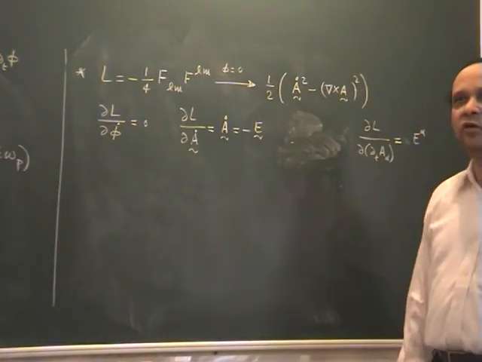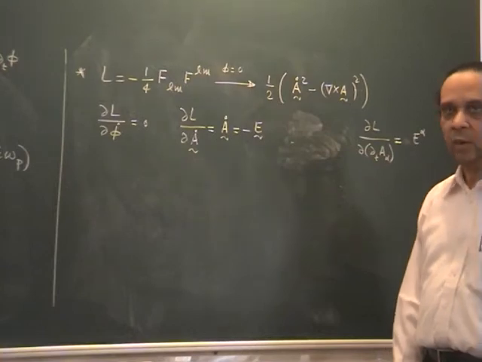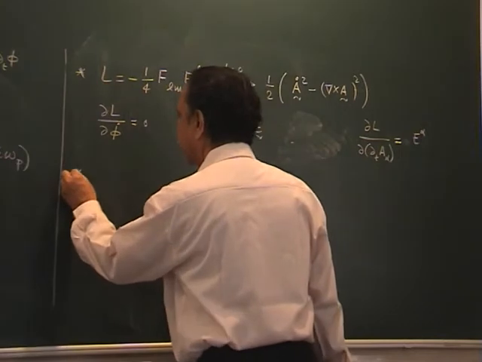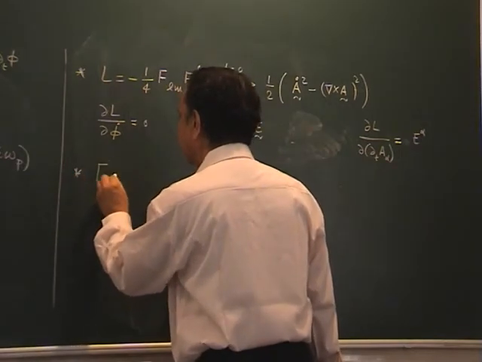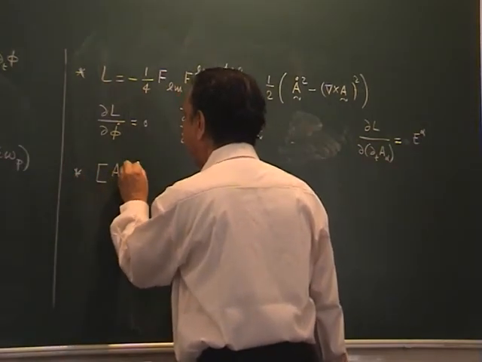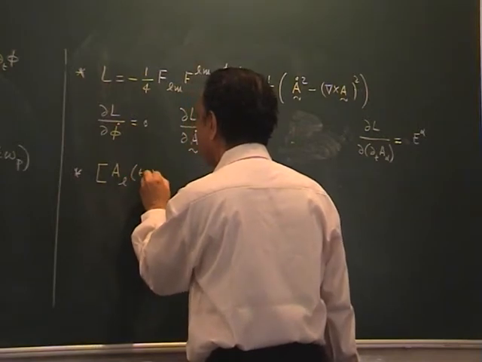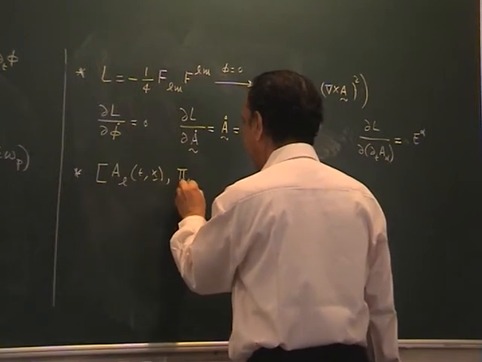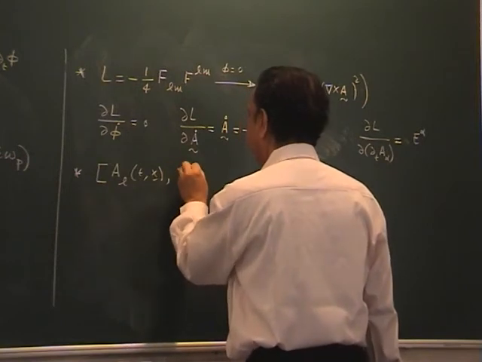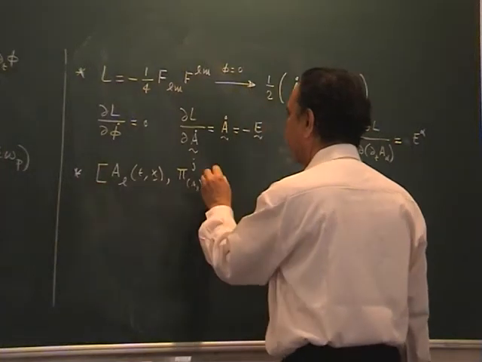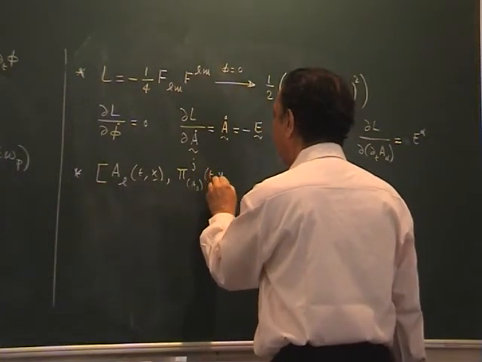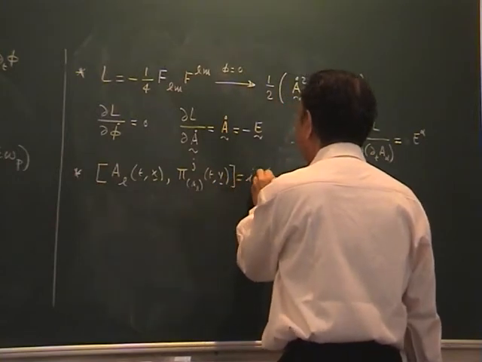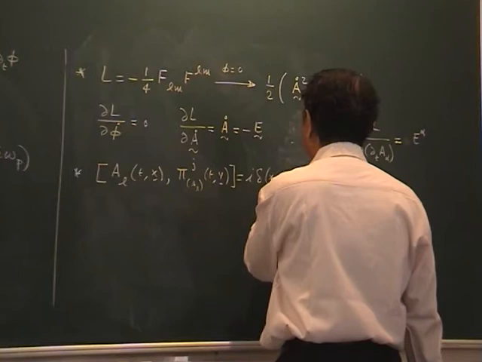Now, how would you go about quantizing this system? In the generic sense, I would like to impose the commutation rules. You take A_i at some time t at some point x, commutator, the pi for that A_j, let us say, at t at y, is equal to i times the Dirac delta function of x minus y.